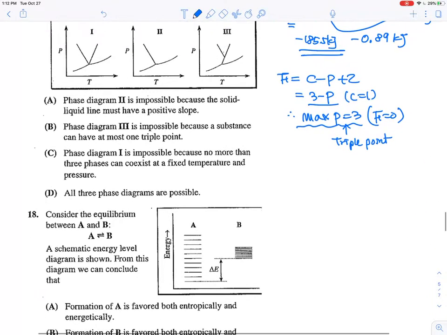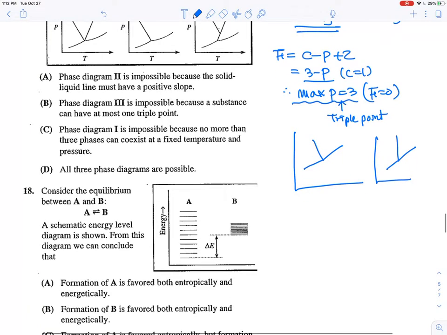I hope you guys remember this diagram. This is water. This is CO2, right? And also we were saying that if somebody draws like this, it is not possible. If they draw it, probably it is something like that, and this is allowed, whereas this one is not.